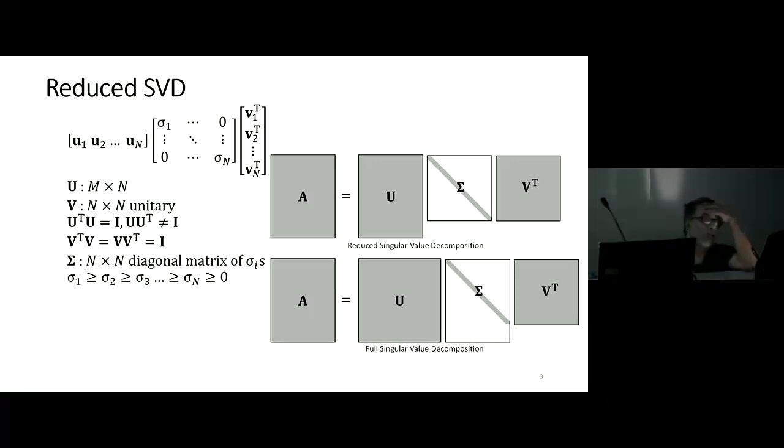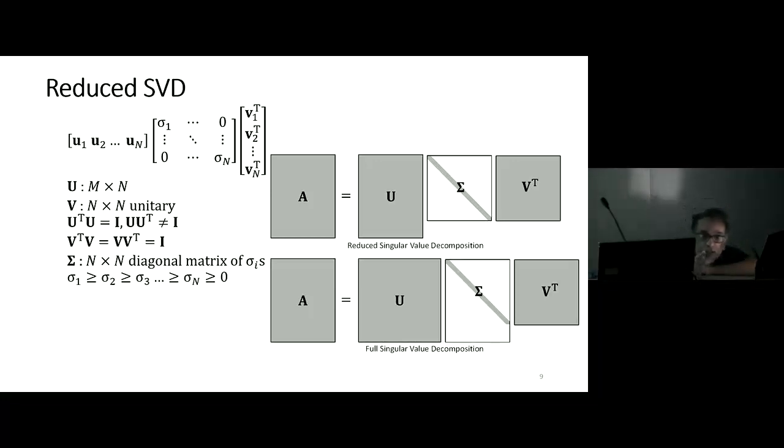And for the reduced SVD, what we have to do is drop the last few columns of V instead of U. As a matter of fact, if you're given a wide matrix and you are to find the SVD, all you have to do is take the transpose of the matrix, then determine the reduced or full SVD as desired, and then take the transpose. That's all there is to it.